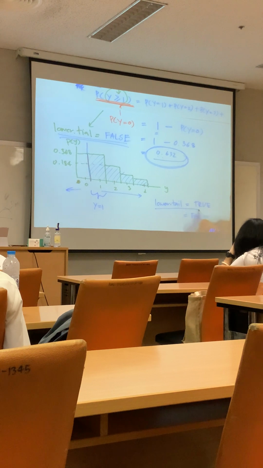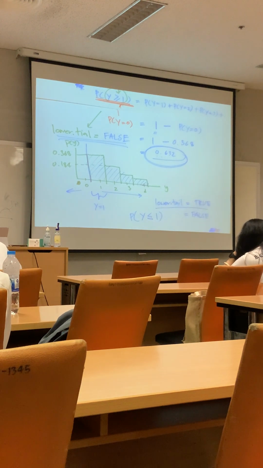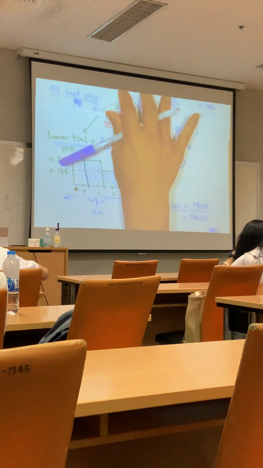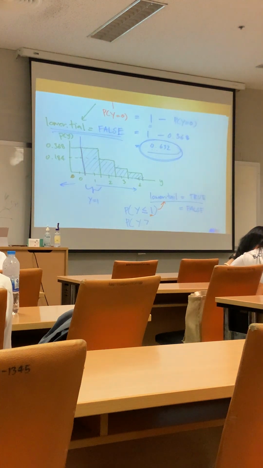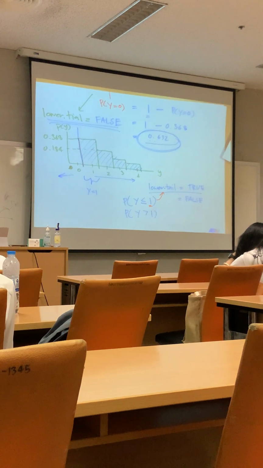When lower tail is true, it calculates the probability of y less than or equal to 1. This depends on the number that you supply. When false, it calculates the probability of y greater than 1.